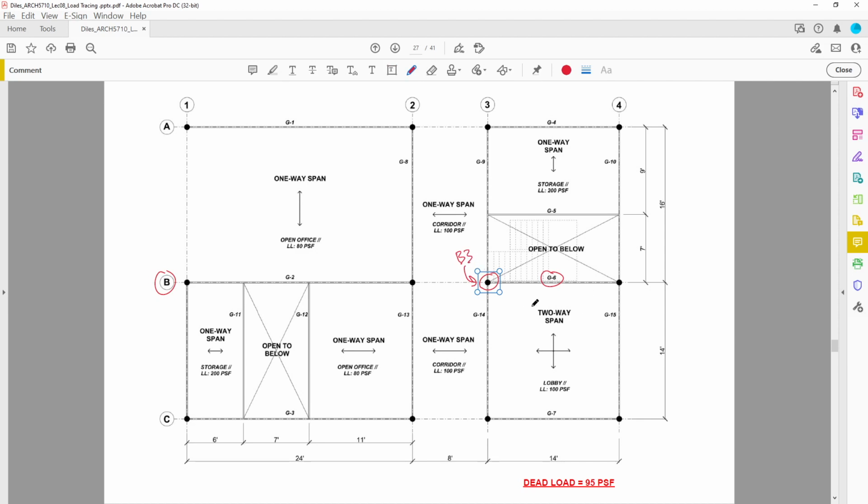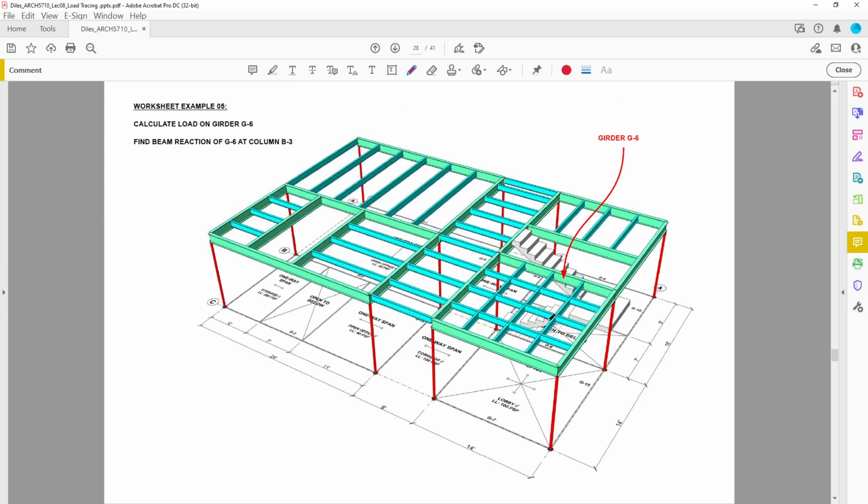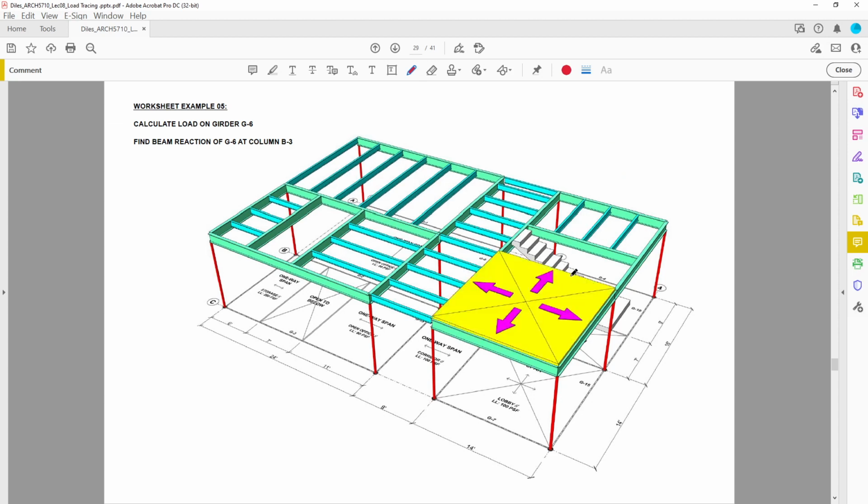And now what we have to recognize here is that we are dealing with a two-way span. And this two-way span distributes its load differently. So the amount of load going into G6 is coming from this triangular section of the two-way span. Okay, so here's girder G6 in context.